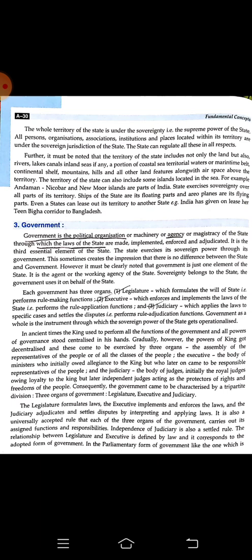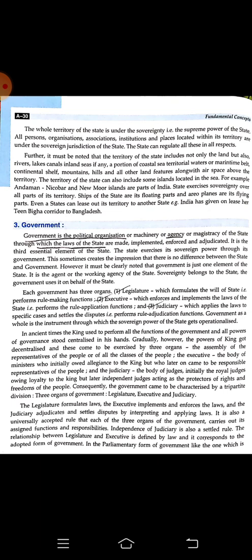Now, the third point is government. Government is a political organization, agent or agency through which the laws of the state are made, implemented, and enforced. It is the third essential element of the state. The state exercises its sovereign power through its government. So government is a working agent.